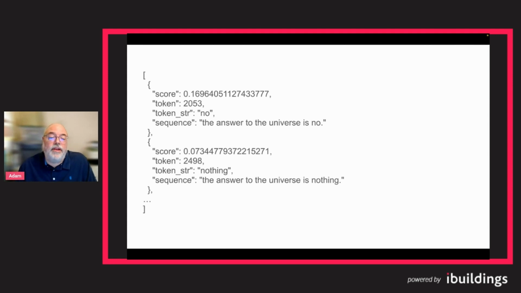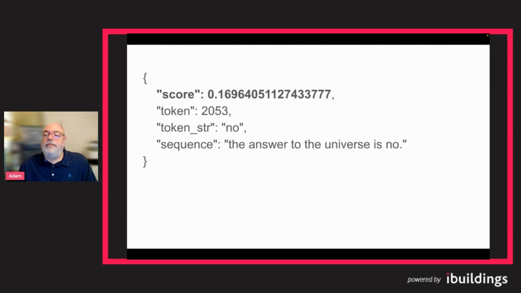And you'll see some very different data here, right? So one thing it has is a score. And this is the probability score for the token. So what is the likelihood that this answer is the right answer? This is a nice thing that I really like about Hugging Face over OpenAI, is that you know how confident it is in its answer, right? OpenAI would return the same answer, but not tell you that it was only 17% confident.